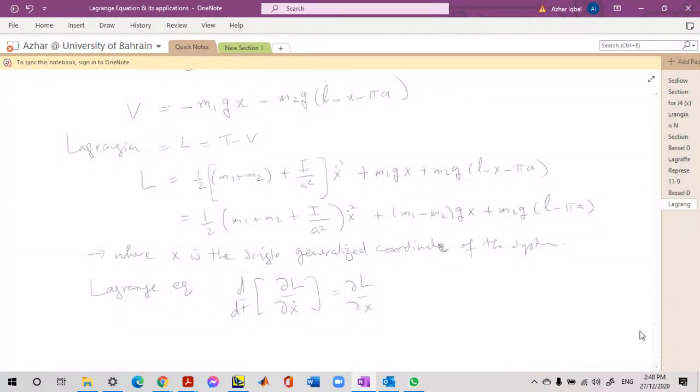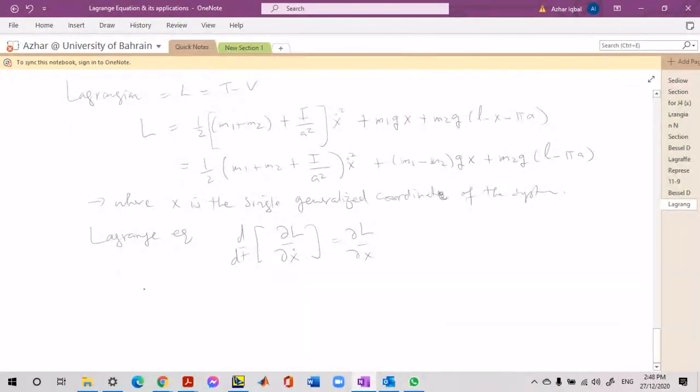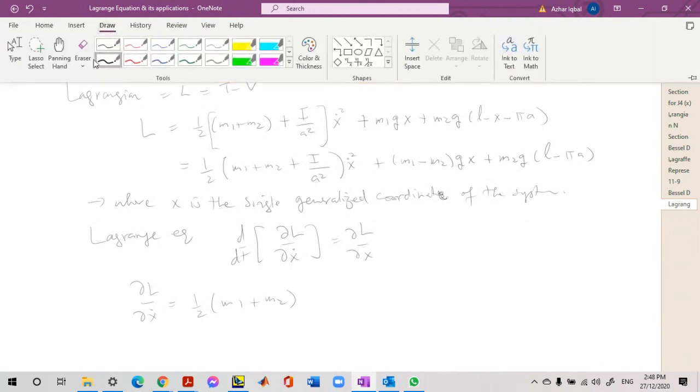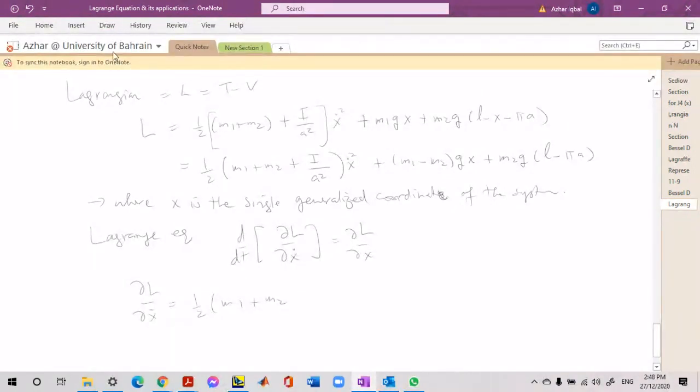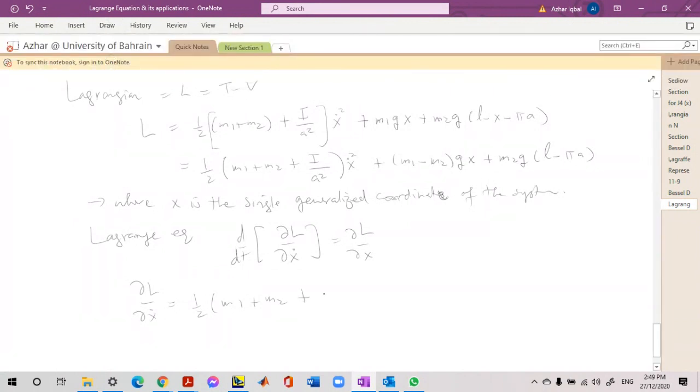Now if you look at partial L over partial x dot, if you calculate that, it comes out to be half times m1 plus m2 plus I over a square times 2x dot.